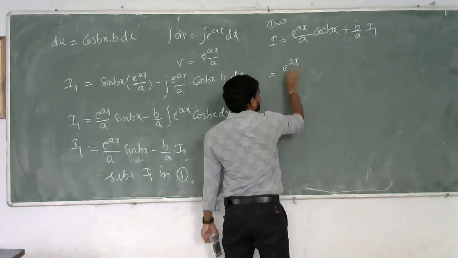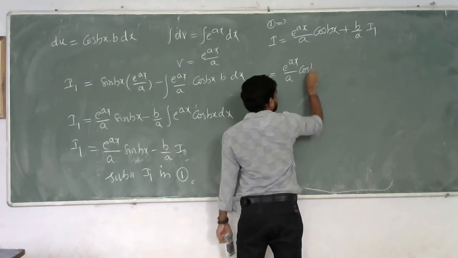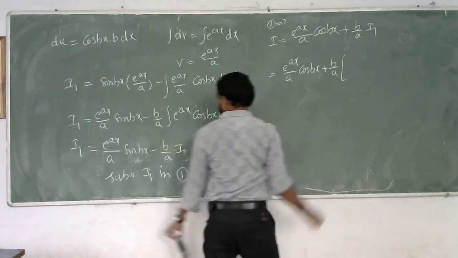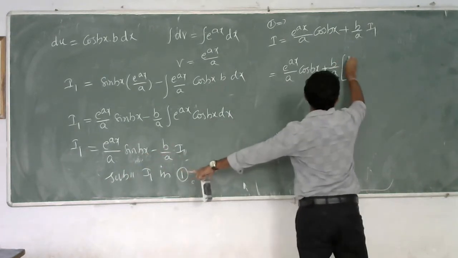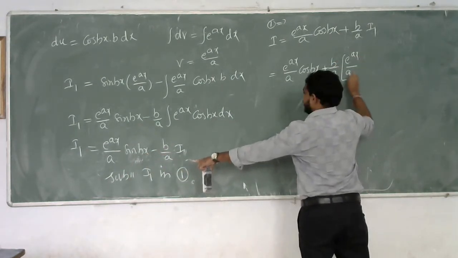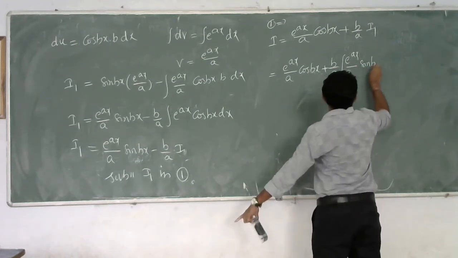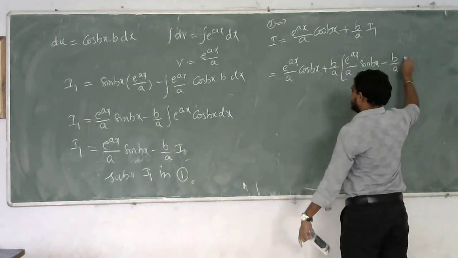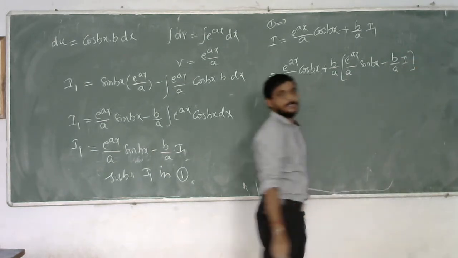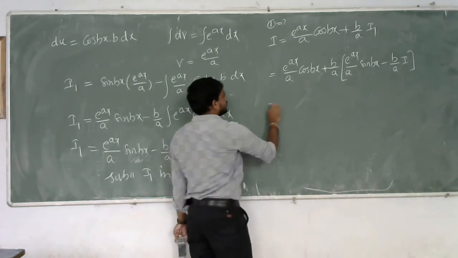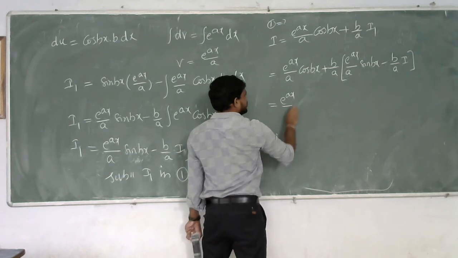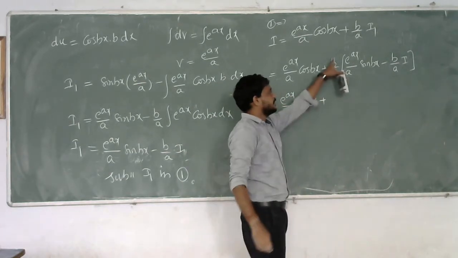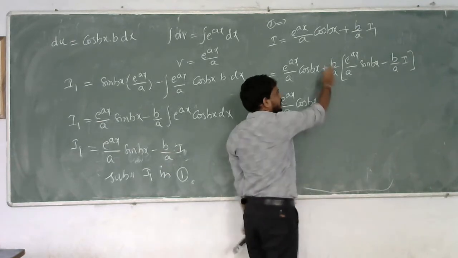E power of ax by a into cos bx plus b by a into I1. So what is I1 value here? Substitute here: e power of ax by a into sin bx, then minus b by a into I. Now here e power of ax by a into cos bx plus, multiply b by a inside, b by a into first term.